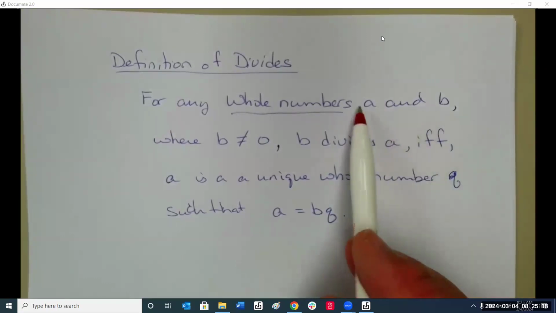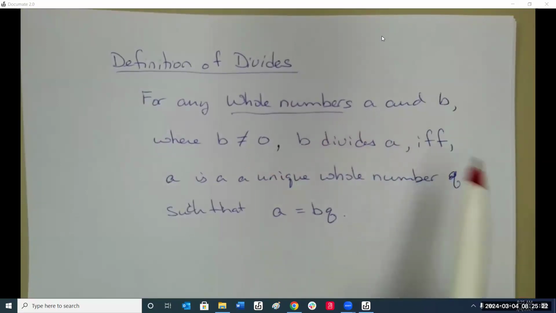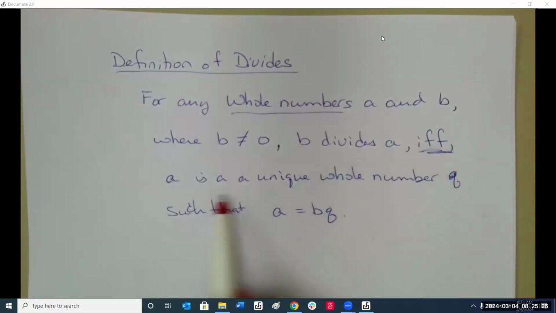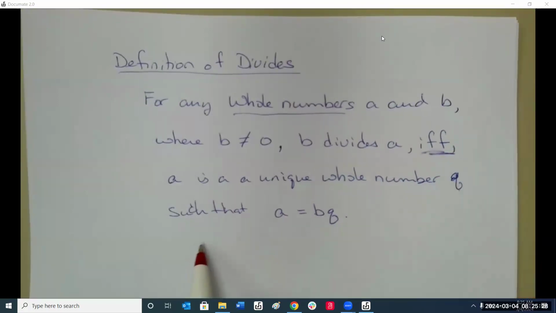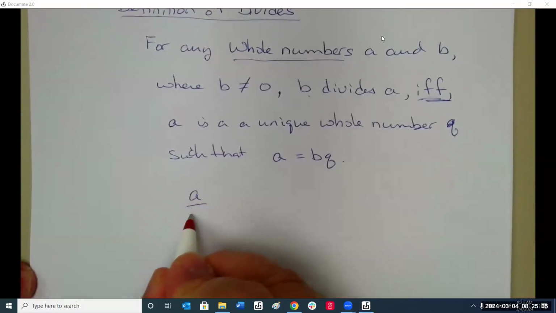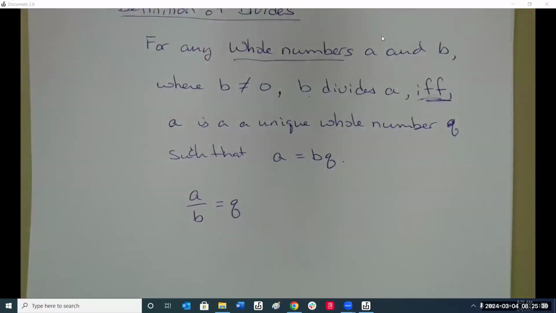In other words, what this says is B divides A equals some whole number, some quotient.